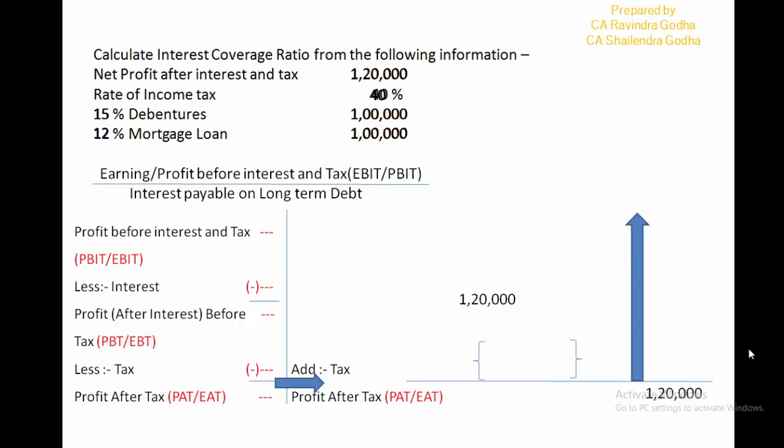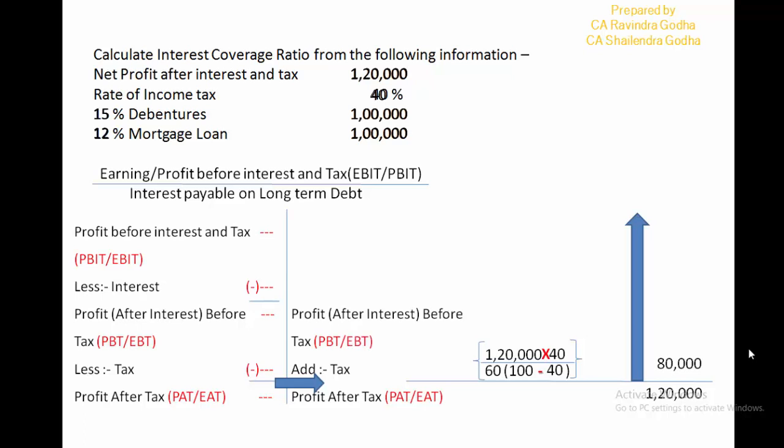Profit after tax 120 into rate of tax 40 divided by 100 minus rate of tax 40, that is 60, means 1,20,000 into 40 divided by 60, so we get 80,000, and by adding this 80,000 we get profit before tax, that is 2 lakh rupees.